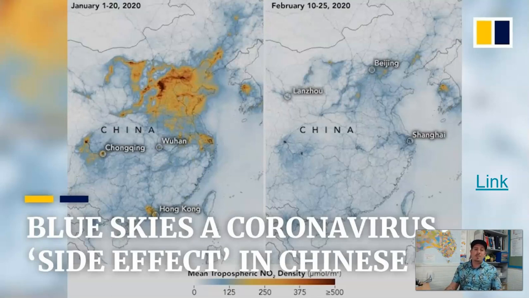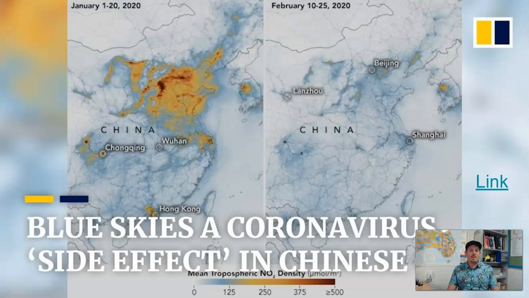And they're actually seeing blue skies for the first time in years across parts of China, very busy cities like Beijing and Lanzhou. I've actually put a link there if you want to look into that a little bit further. It's just fascinating that some people are saying that this virus is like the environment cleansing itself, which is an interesting point, but certainly not going to weigh in on that one.